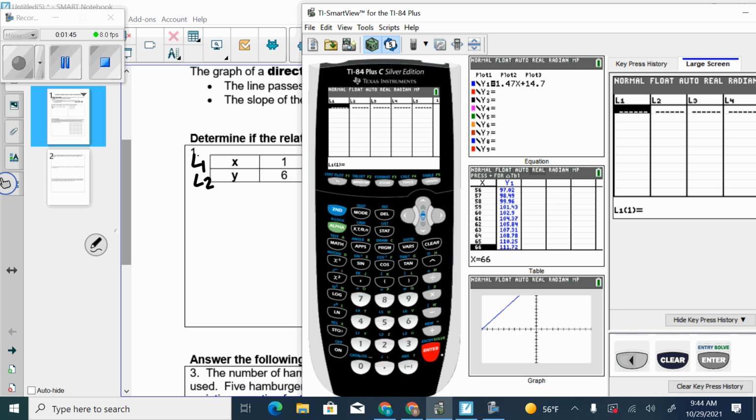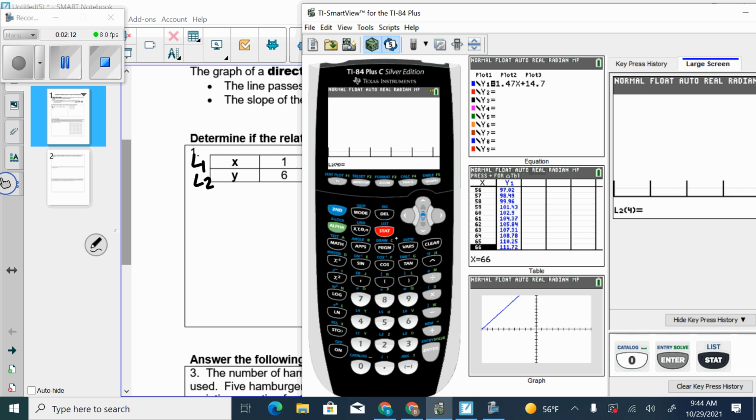And then we fill in the x values in list 1, which on number 1 are 1, 3, and 5. And then we put our y values in list 2, which are 6, 18, and 30.